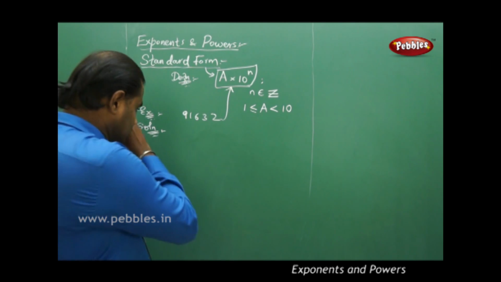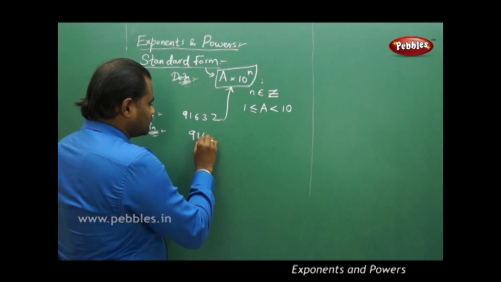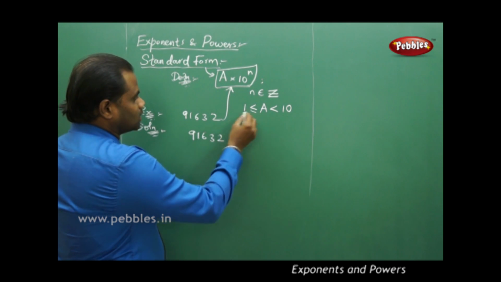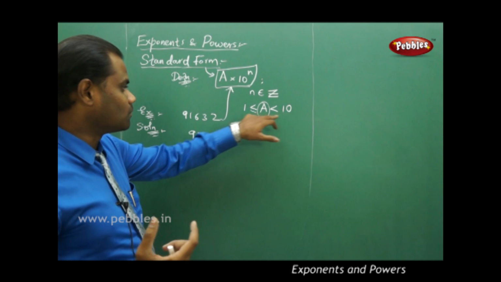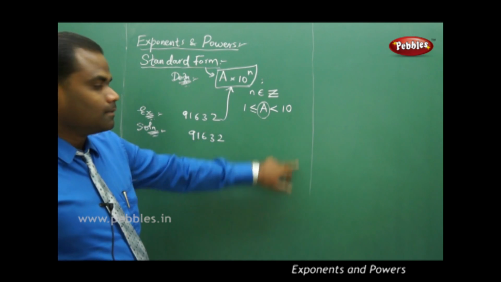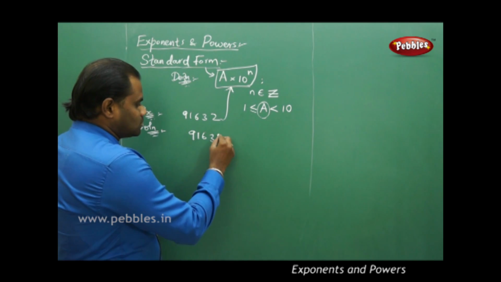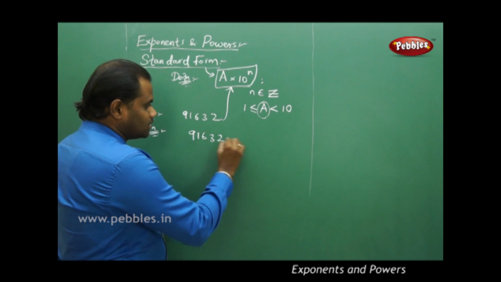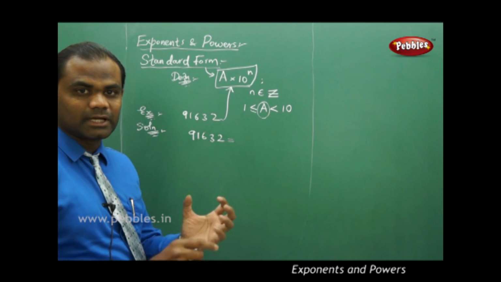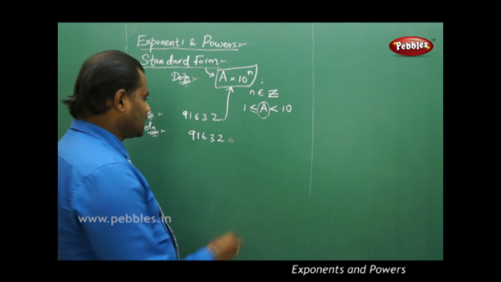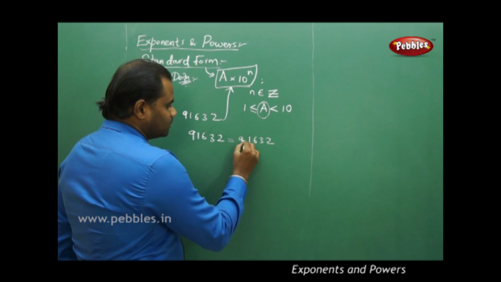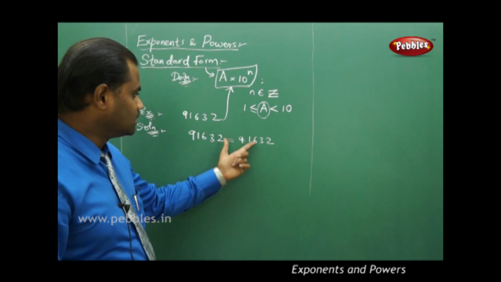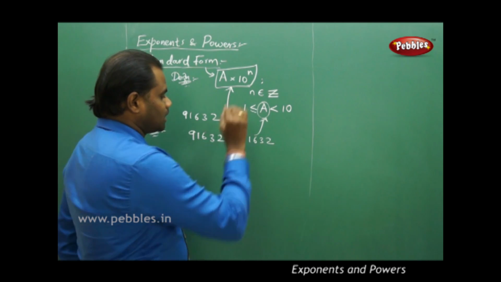So in this case, the number 91632, if I want to convert it into a, then I have to search for the value of a which lies between 1 and 10, inclusive of 1. So I have to convert this into a number which lies between 1 and 10. So immediately I can write this as 9.1632, which is a decimal number which clearly lies between 1 and 10.